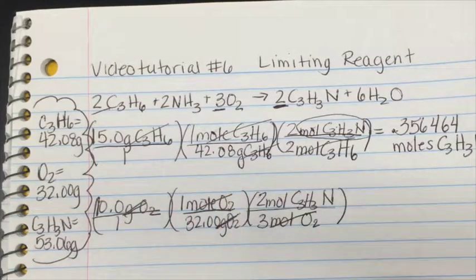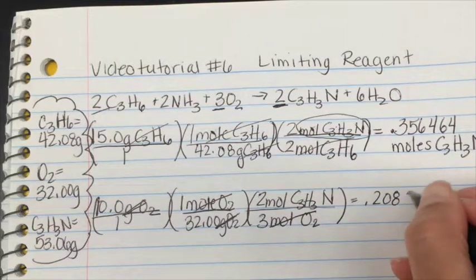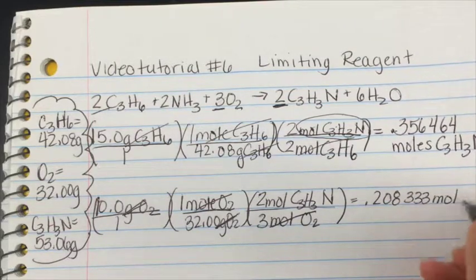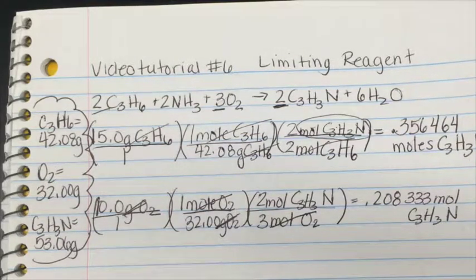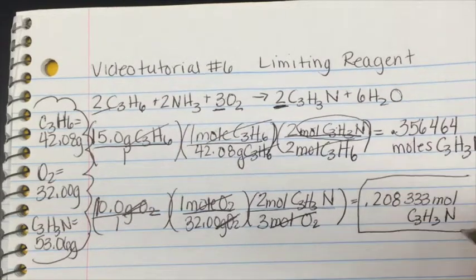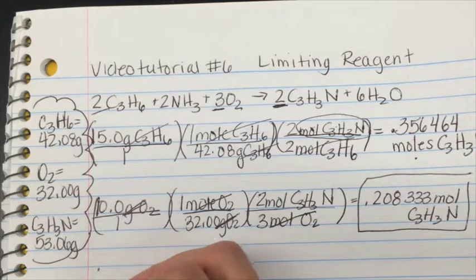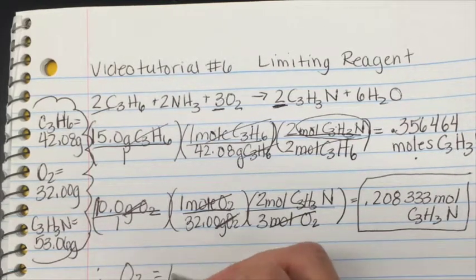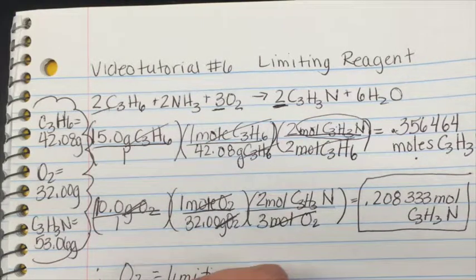That cancels out my moles of O2, and the possibility here is 0.208333 moles of C3H3N. Now, because this number is a smaller number than this number, that means that my oxygen is limiting. That means that my C3H6 is my excess reagent.